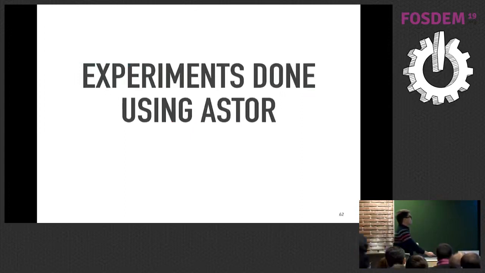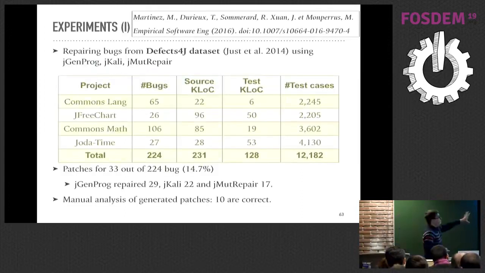So we have done several evaluations of Astor, or of the approaches that are built on Astor. One of them is based on one dataset of bugs called Defects4J, which has bugs from different open source projects.